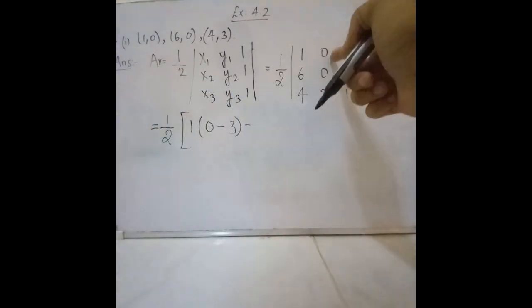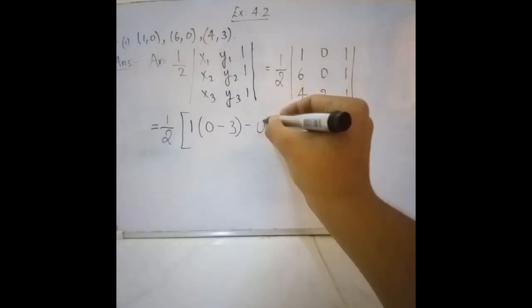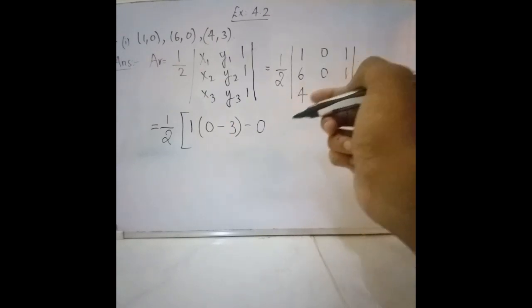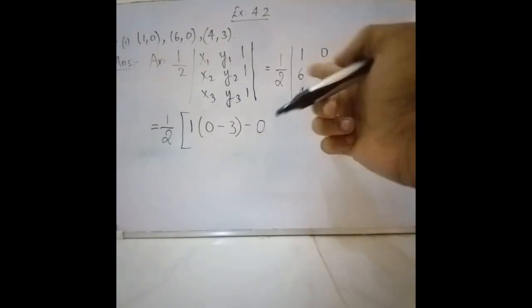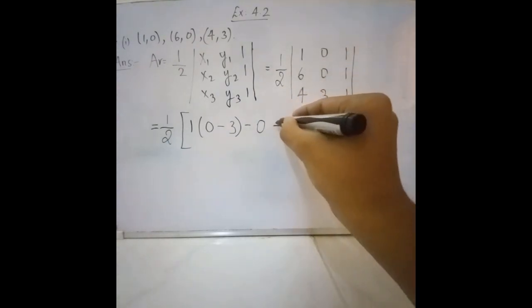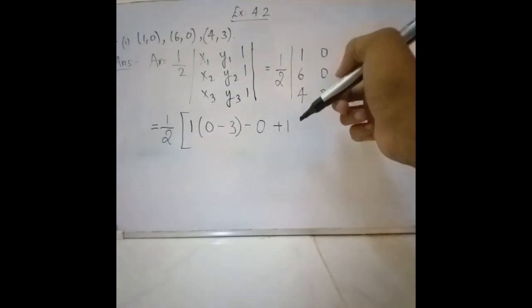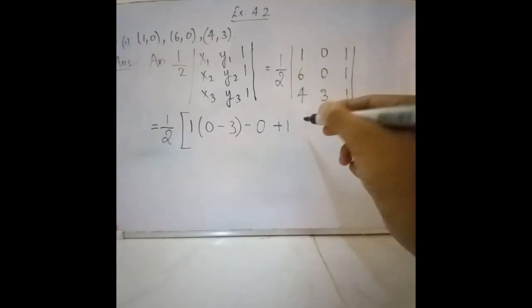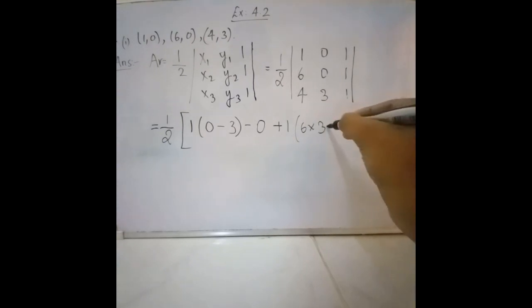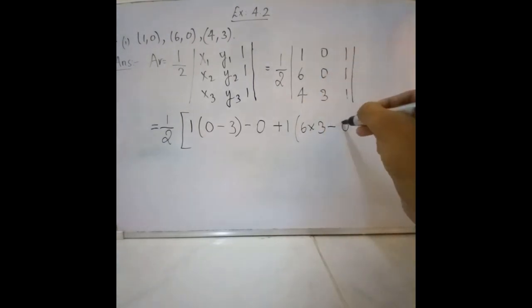The second element is negative and it is 0, and 0 into any element would be 0, so no need to elaborate on it. The third element would be 1. Now we take the determinant of these 4 elements: 6 into 3, minus 4 into 0, which would be 0.